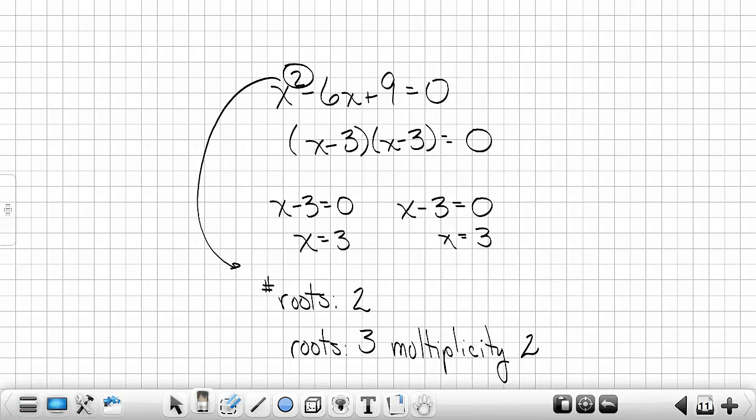So are we okay that the number of roots are 2 because of the fact that the highest exponent is 2? We good there? Okay, and the root itself is 3, multiplicity 2 because it happened twice. Okay? Now let's graph it.